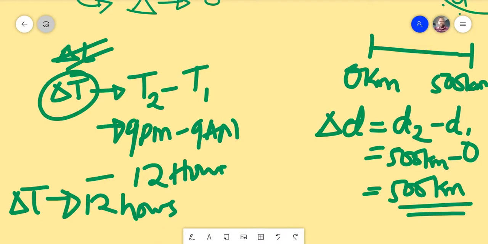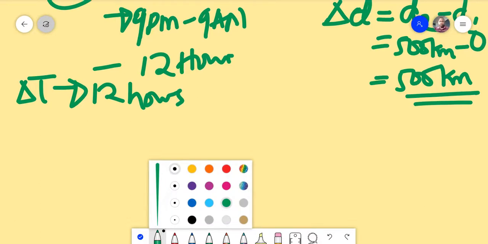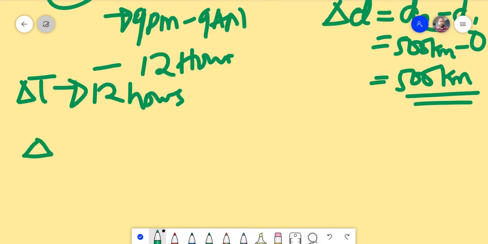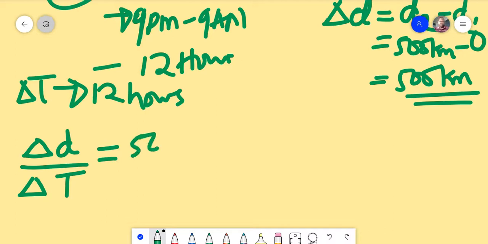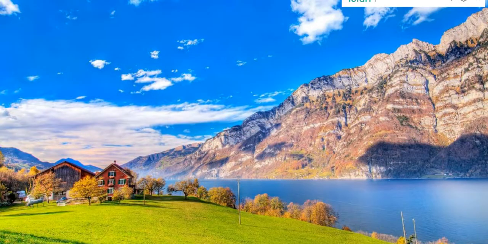Now if we have the change in distance, delta d, divided by the change in time, delta t, this will be 500 kilometers over 12 hours. What is this going to give us? Now here I'll have to incorporate my calculator.